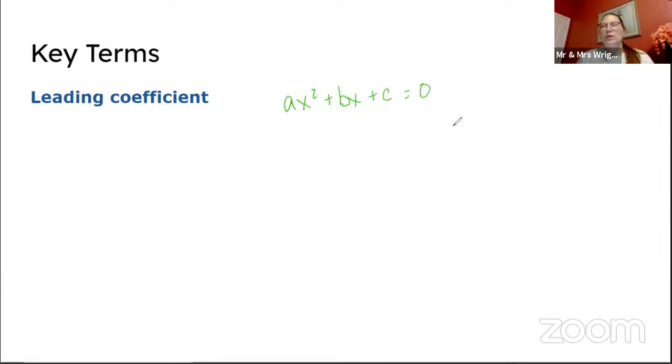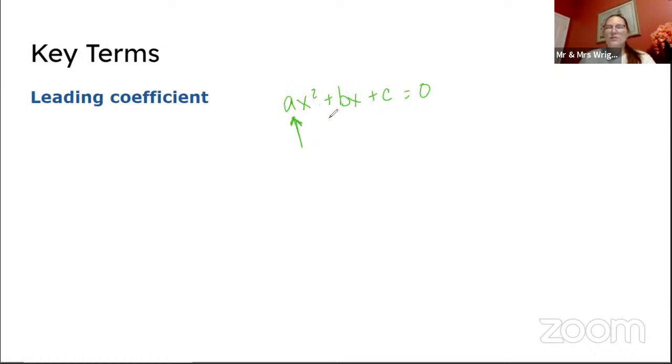Leading coefficient. Okay, so remember we have standard form, which is ax squared plus bx plus c equals 0. This is the standard form of a quadratic equation that we got into in the last unit. And so the leading coefficient is whatever this a is right here. Now, that doesn't matter if it's first or not.